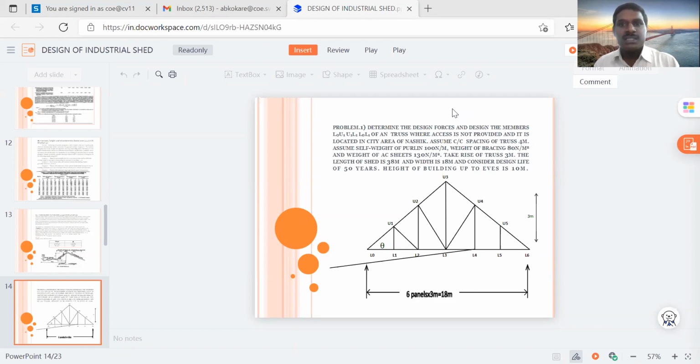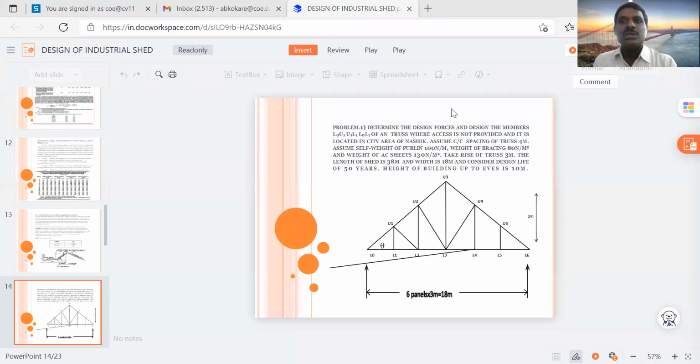In IS 875 part 3, there are various factors K1, K2, K3, K4 that are given. That part we have covered. So here we will see an example of the design of an industrial shed, and you will get how to design it theoretically.